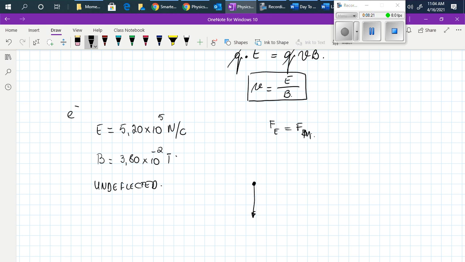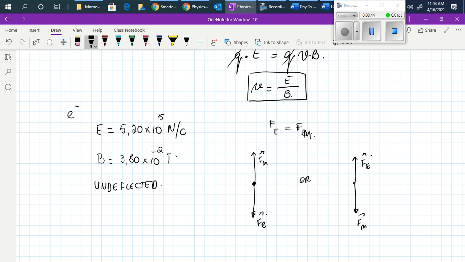If the electric force is this way, the magnetic force should be this way in order to cancel out. Or if the magnetic force is this way, then the electric force should be this way so that they cancel out.